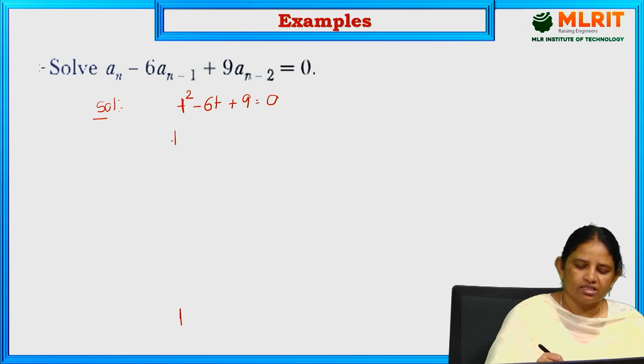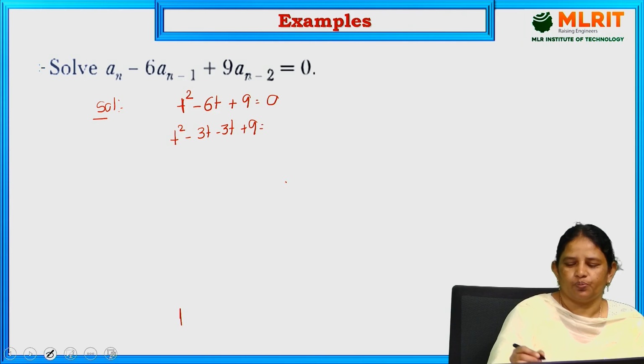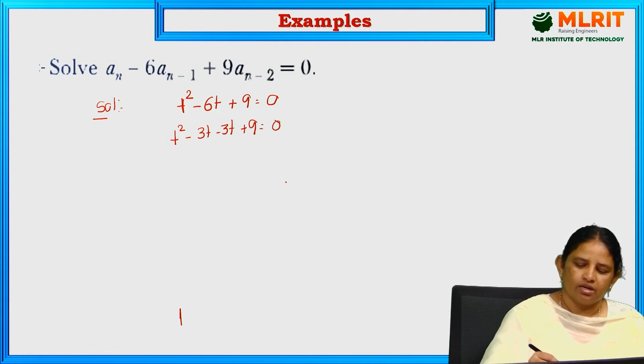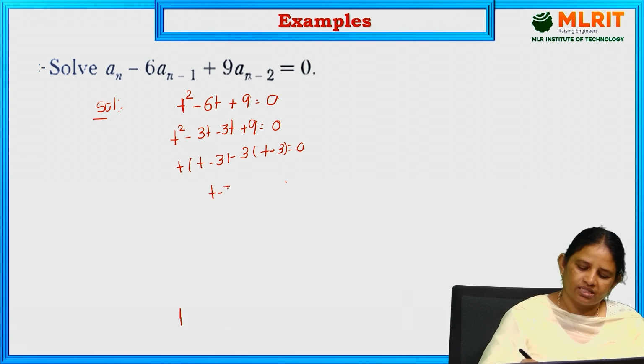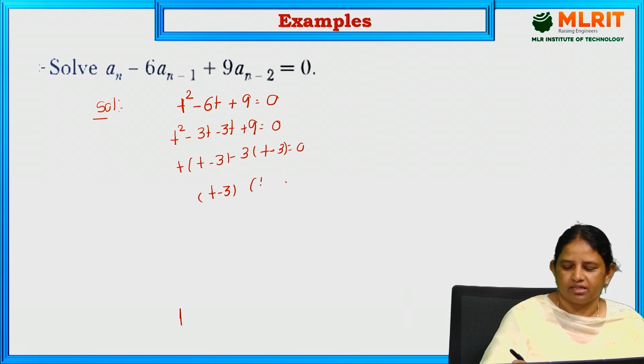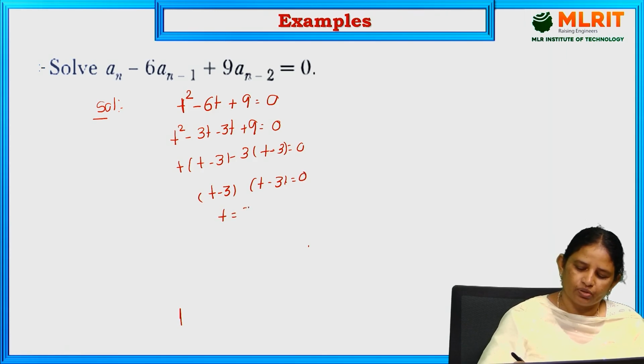So 3 threes are 9: t square minus 3t minus 3t plus 9 equal to 0. Next, take t as common: t into t minus 3 minus 3 into t minus 3 equal to 0. That is t minus 3, t minus 3. Then what are the roots? T equal to 3 comma 3.